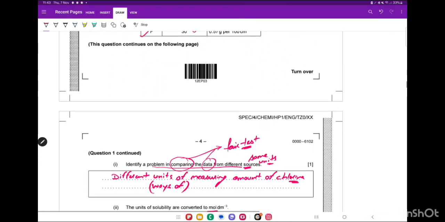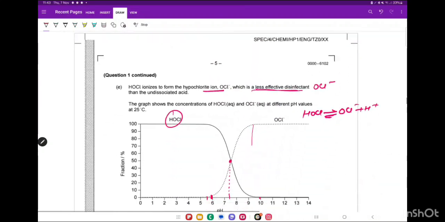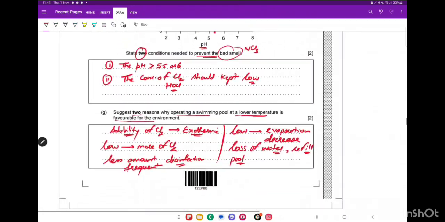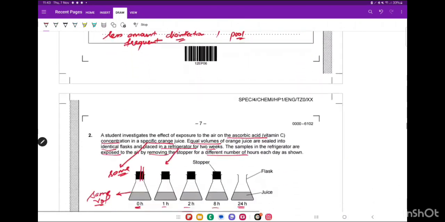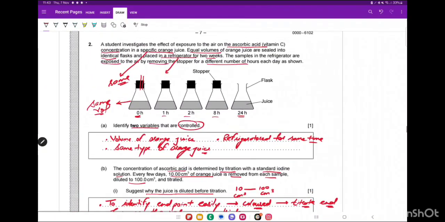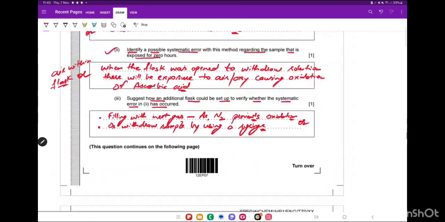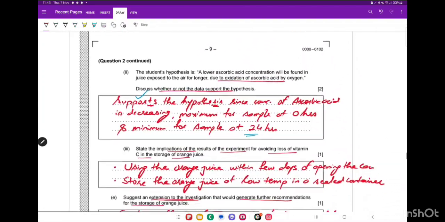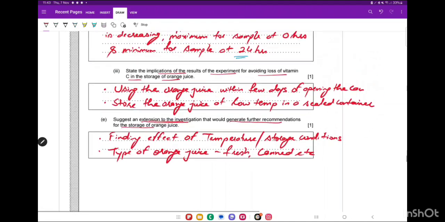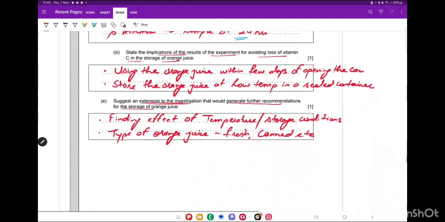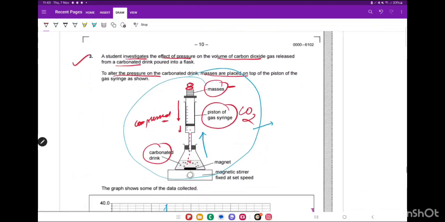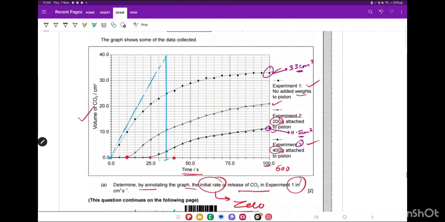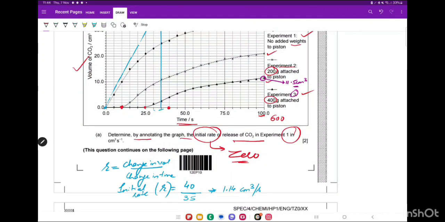Whether it is redox reactions, acid bases, solubilities, or pH curves, you should know the complete course along with what is happening in the particular experiment and the chemistry involved, so that you can get a better score in this paper. Although the course is very broad and we cannot compile it in a few questions, whatever question comes, you have to apply your chemistry knowledge. Then only are we able to score good marks in this paper.